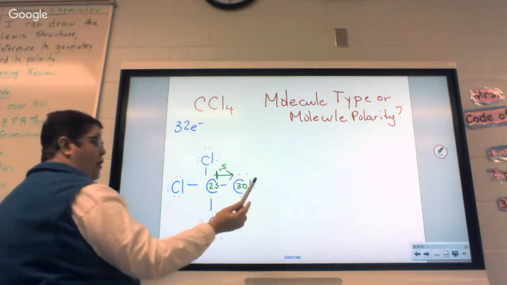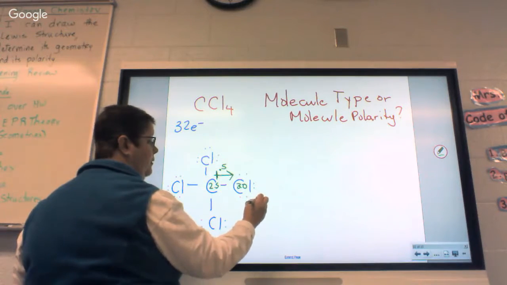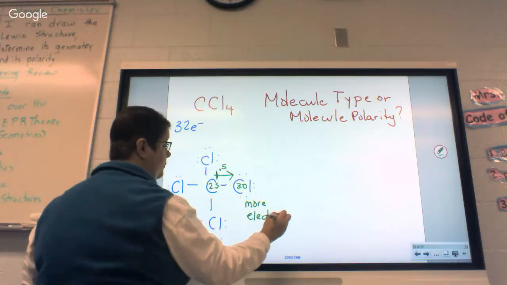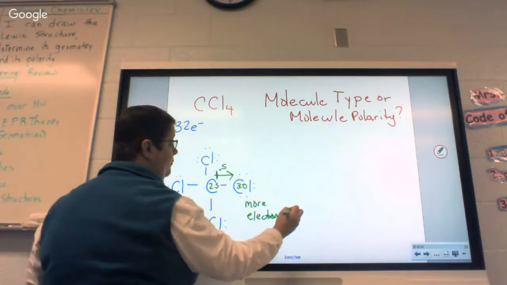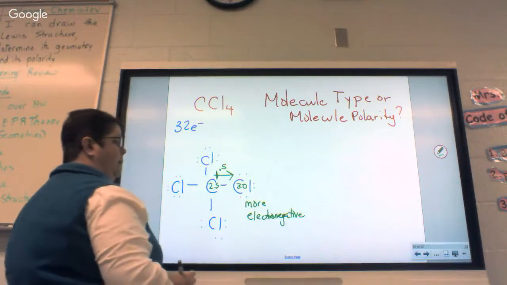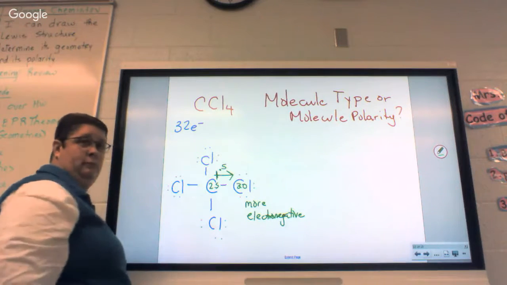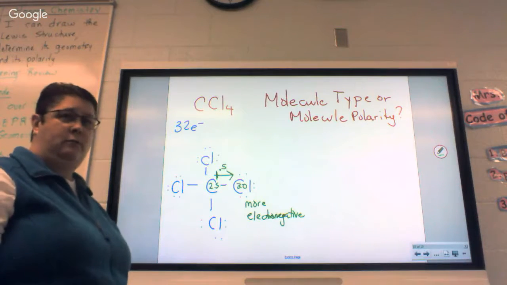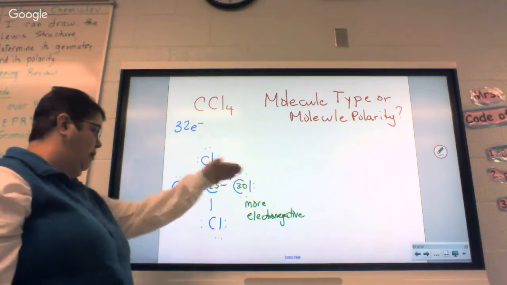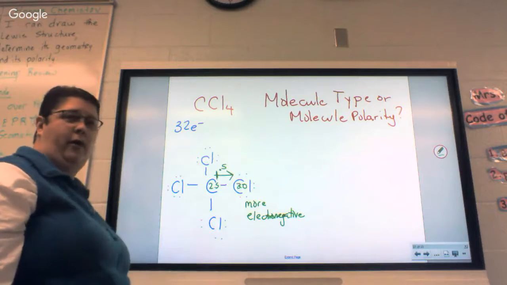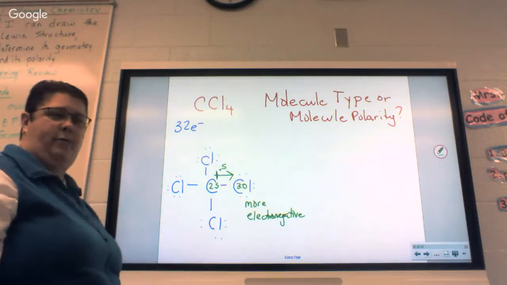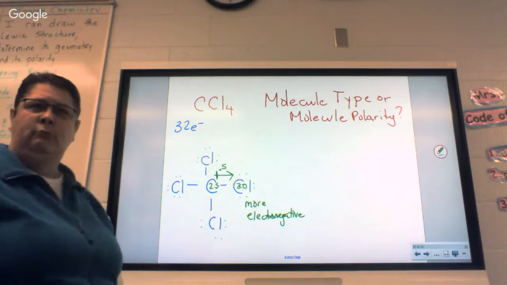This is more electronegative, the bigger number. You would just draw the arrow going that way, to the bigger number; the plus is at the smaller number. It doesn't matter which way it points. And then you write the number on top of the arrow. That's it.